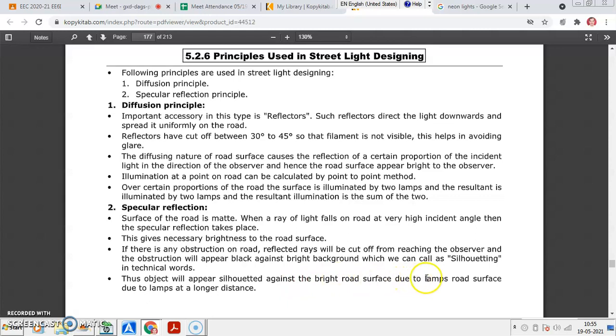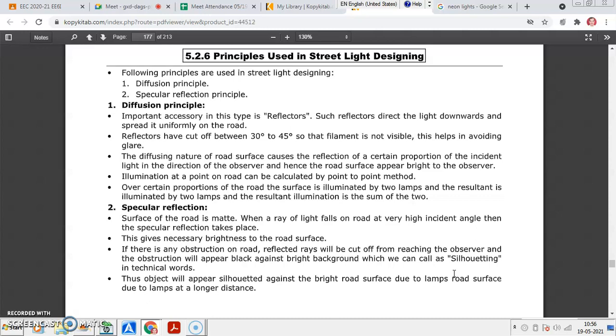When the ray of light falls on the road at a very high incidence angle, then the specular reflection takes place. This gives necessary brightness to the road surface. If there is an obstruction on the road, reflected rays are cut off from reaching the observer, and the obstruction will appear dark against the bright background, which can also cause silhouetting.